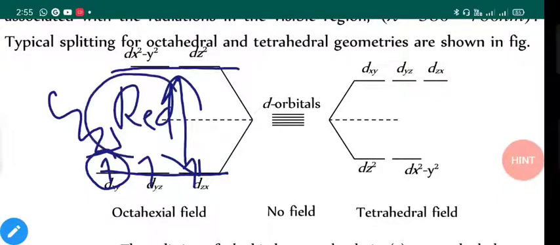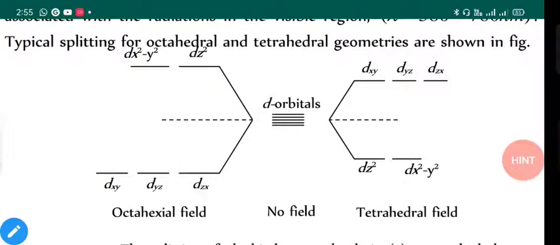It will absorb the red color from the light, and the remaining color will be seen as the color of the compound. That means red light is filtered out from our light source, and the remaining light will be the color of our compound. For that we need at least one electron in the lower energy orbital.